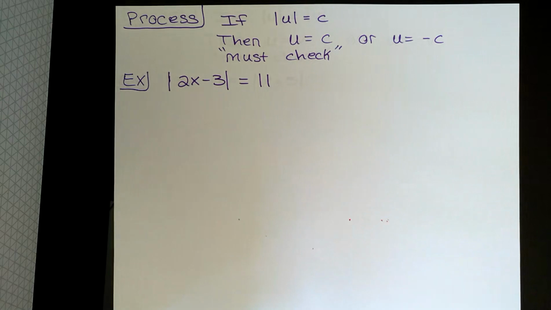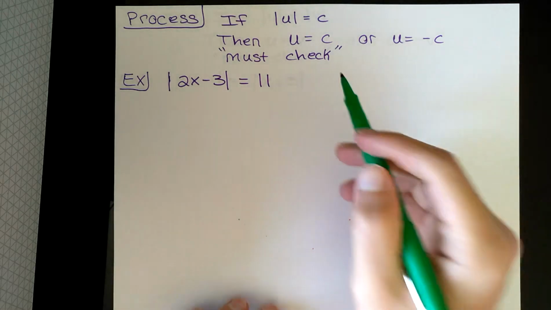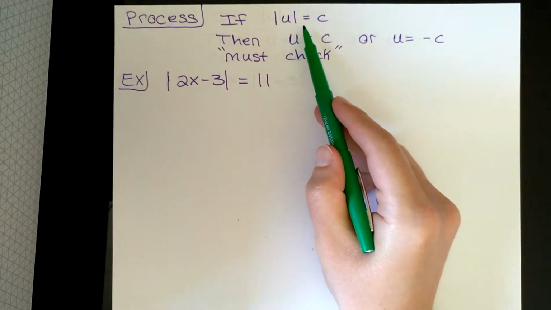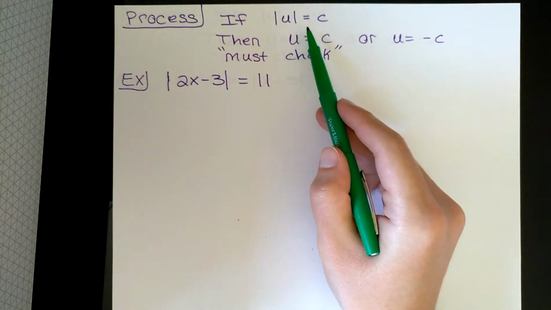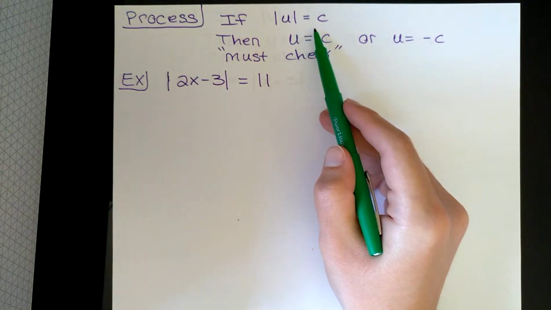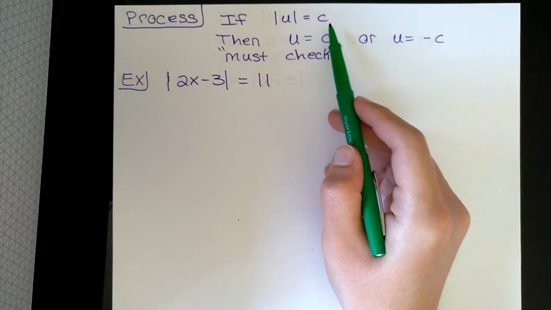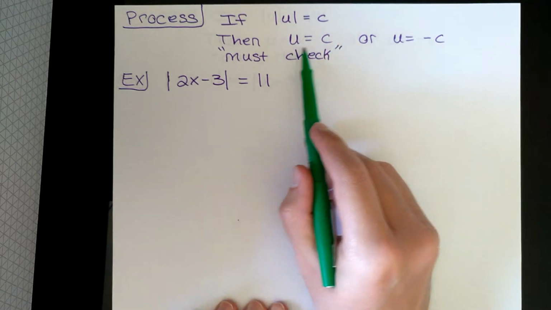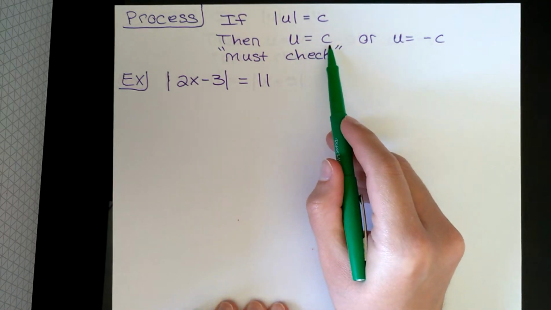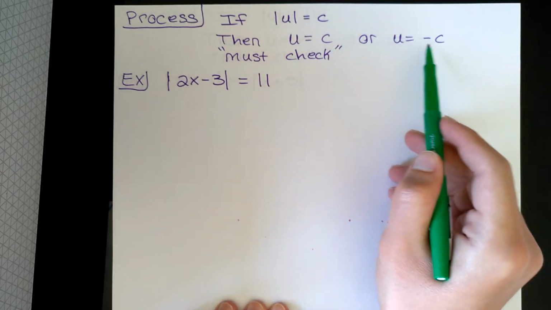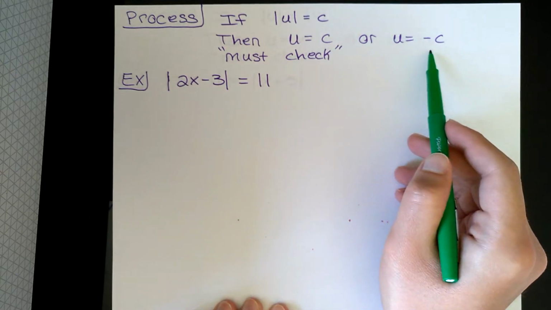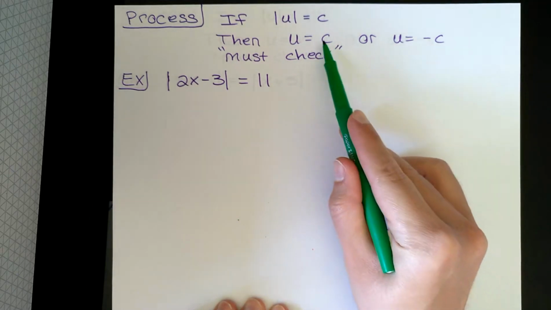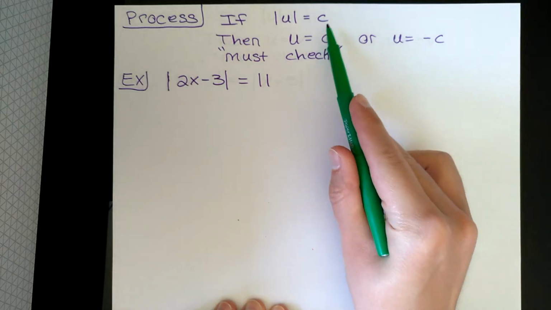Okay, from here, we're now going to talk about absolute values. So we say if the absolute value of u is equal to some constant number c, then u is equal to c or u is equal to negative c. Think about why that's true. If you took the absolute value of c, you would get c.